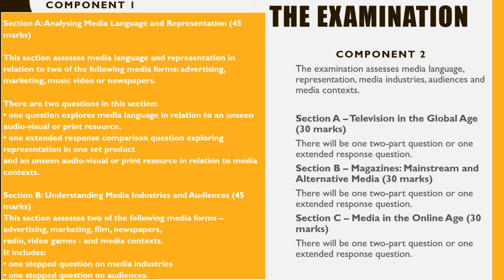So here you can see a little bit more information about the examination element of the A-level. We have the structure of component 1 and component 2. When we look at component 1, we can see that it's in 2 sections, one looking at analysing media language and representation, and the second section looking at understanding media industries and audiences.